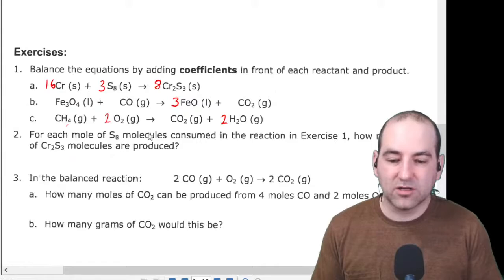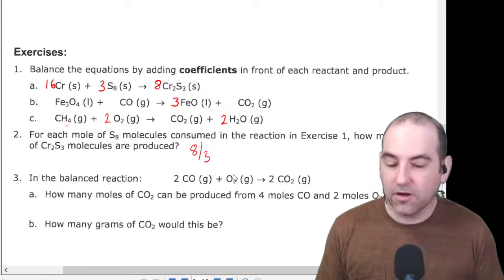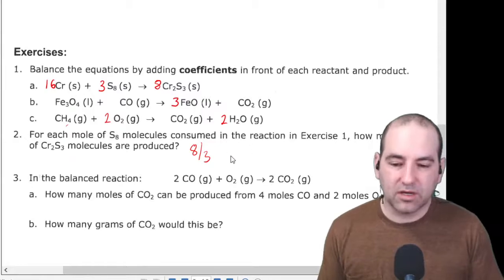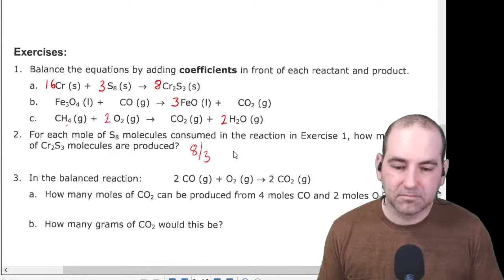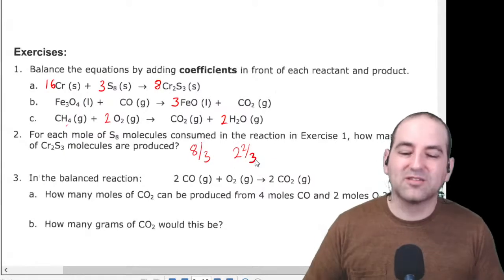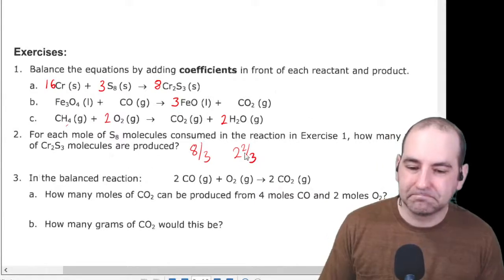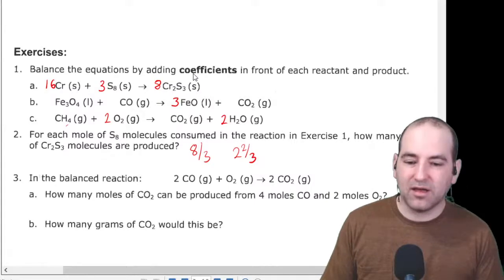Well, we just have to divide each of those by 3. So we get 8/3 of a mole, which we could also call 2 2/3, or 2.67, whatever you want to call that, is what you would get if you divide 8 by 3.